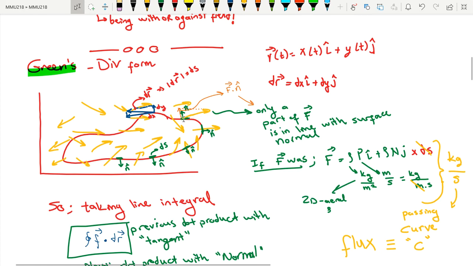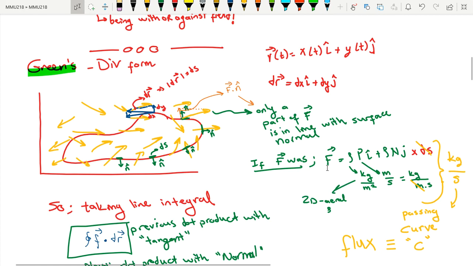But how about considering the other? How well is my surface aligned with respect to my surface normal? Because that will be the vector field component that would push the particles out of my surface. That's the only component of my vector field that would push, let's say there's a particle here, out of the surface. That's exactly what we mean by flux.